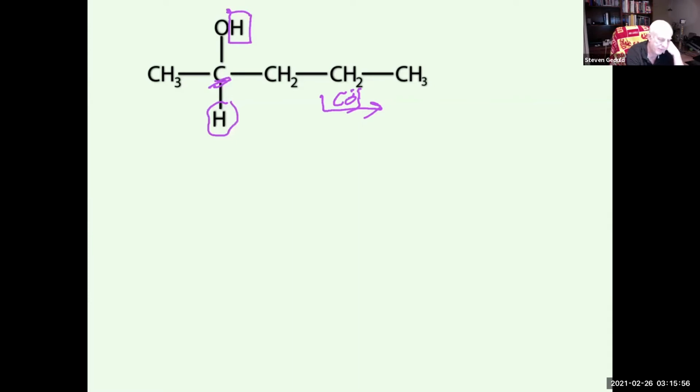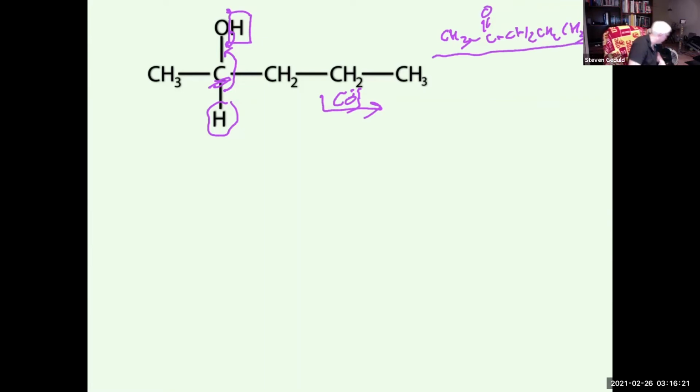The double bond is going to form between the carbon and that oxygen, from the 1 electron from each bond when it was broken. So that's going to form CH3, C carbonyl group, CH2, CH2, CH3.